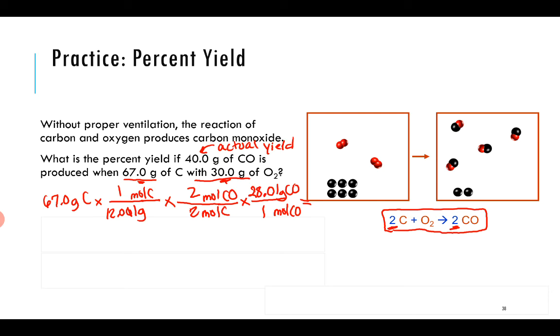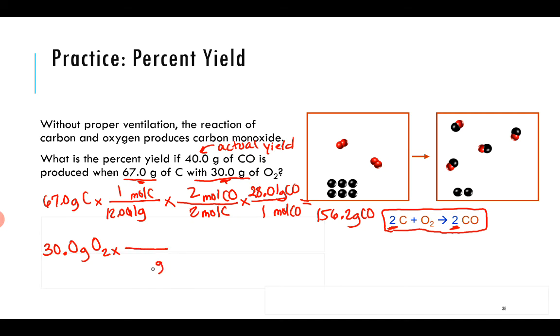So 67 divided by 12.011 times 2 divided by 2 times 28.01. That would tell us 156.2 grams of carbon monoxide could be made. But I don't know if that's the theoretical yield or if O2 was my limiting reactant.